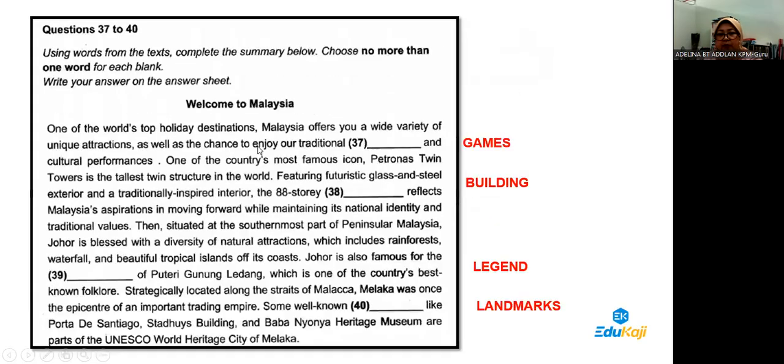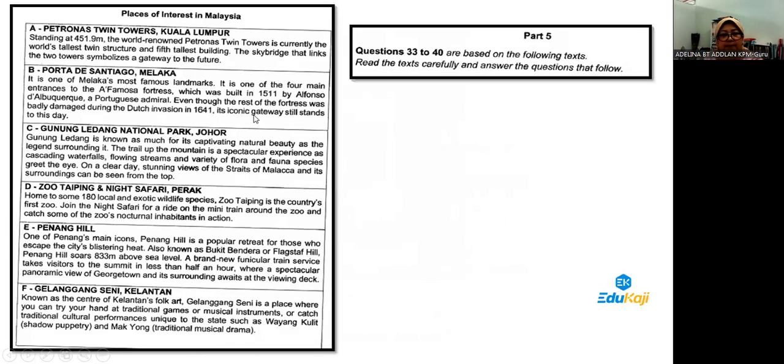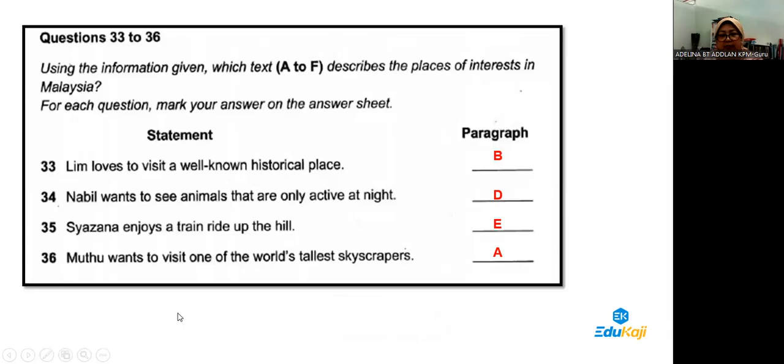Down, sorry. Okay, look here. When you talk about enjoy our traditional what and cultural performances, games, where is it? We can find it somewhere here. Gelanggang Seni. There you have the word games, traditional games, right?